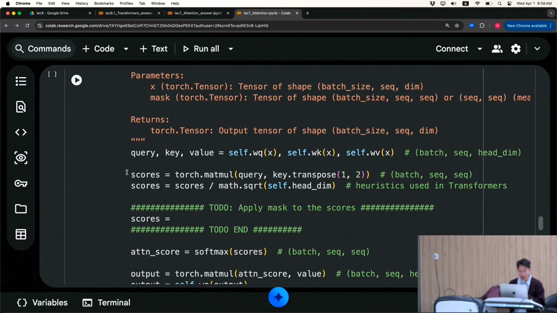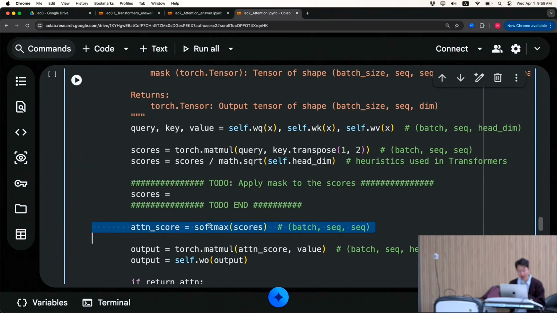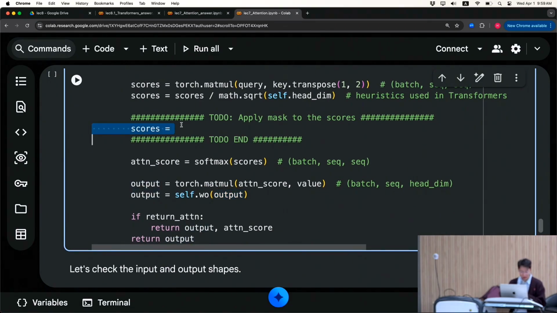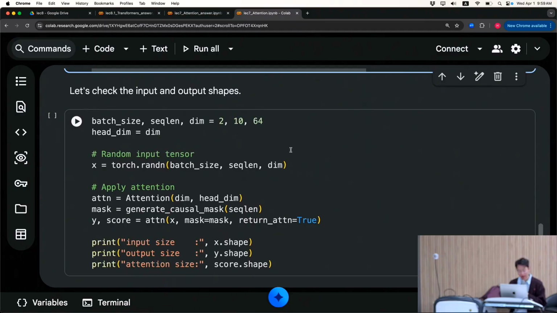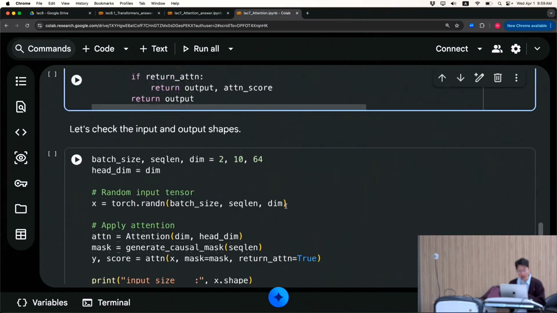The rest is all the same. As soon as we compute the outer product and normalize, we apply the mask by adding negative infinity to some of the entries, and then apply softmax, multiply the value matrix, then output. So let's implement this part and check the shapes of the input, output, attention, and so on.